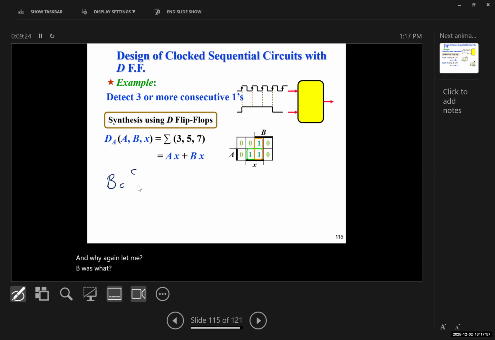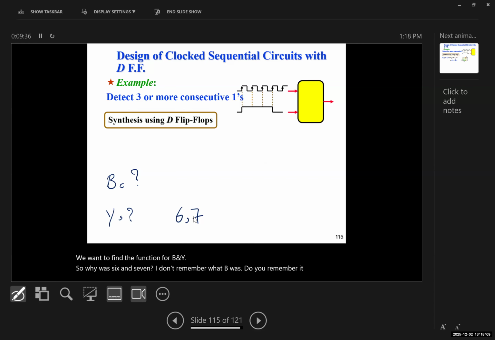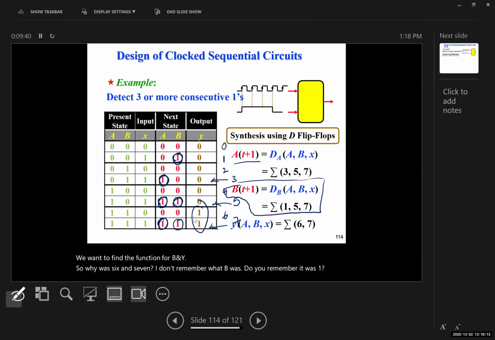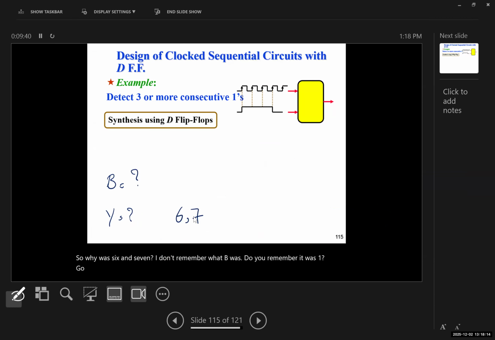We want to find the function for B and Y. So Y was 6 and 7. I don't remember what B was. Do you remember? It was 1, 5, 7.